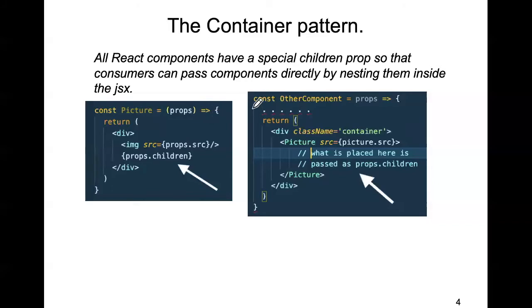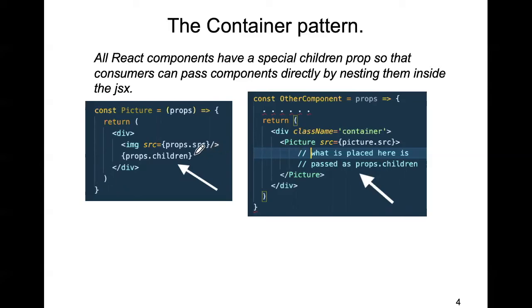Here's what I would call a consumer of the picture component. It's a generalized one really, and you can see how I'm using the picture component within the consumer. I have the ability to include some JSX between the beginning and end tag for my picture component. And whatever JSX appears here is going to be bound to props.children.